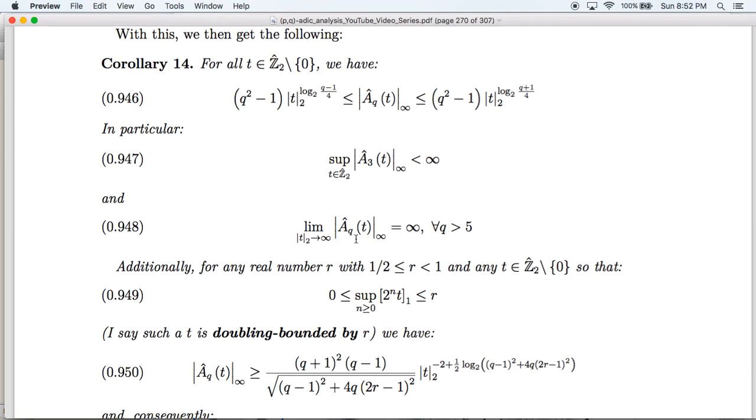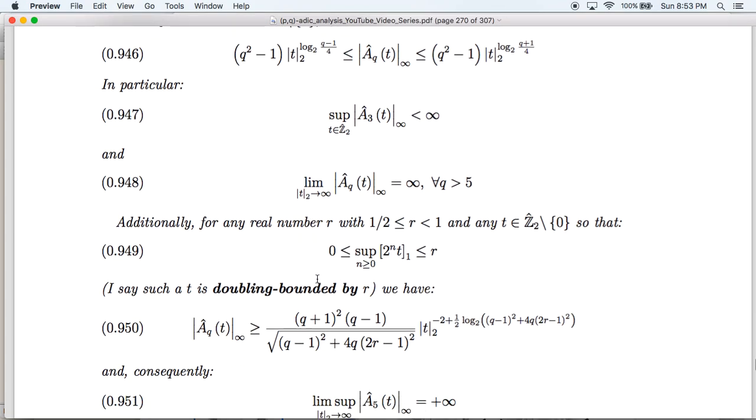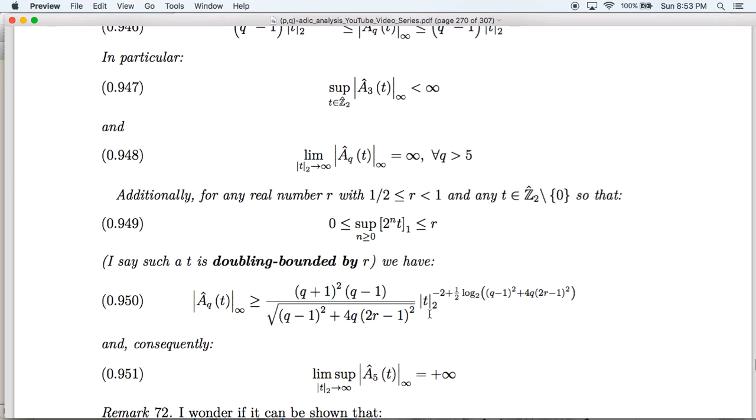When q is greater than 5, then a_q hat of t's complex absolute value tends to infinity as the denominator of t tends to infinity. And as we'll see, by doing a little bit more of a refined estimate, we can show the following lower bound.